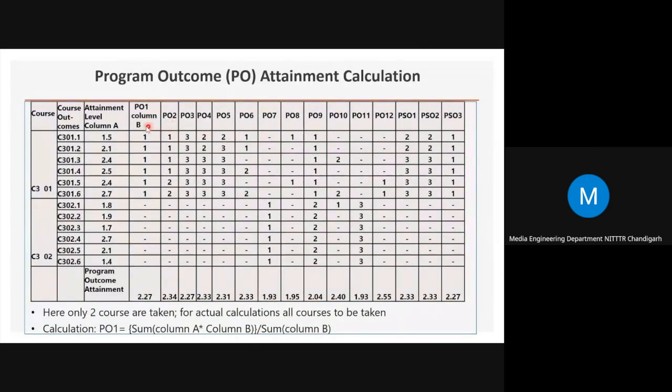So column B is floating. When calculating PO1, column B will be this column; for PO2, column B will be this particular column.